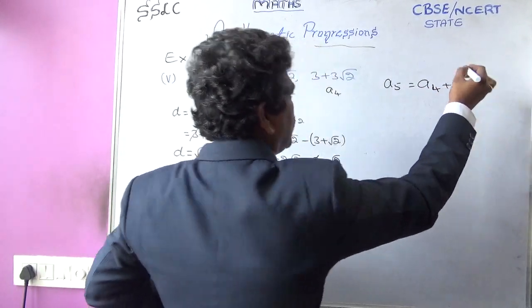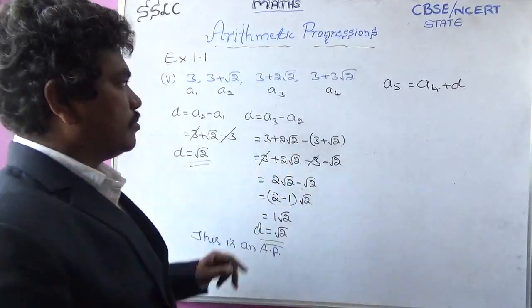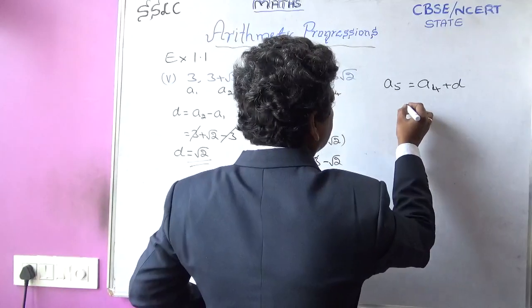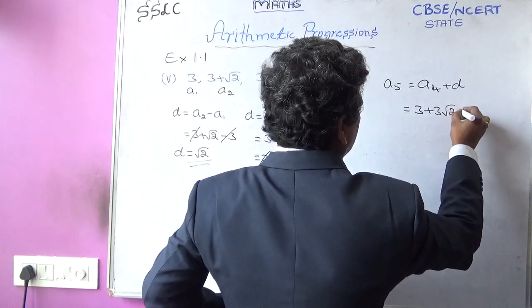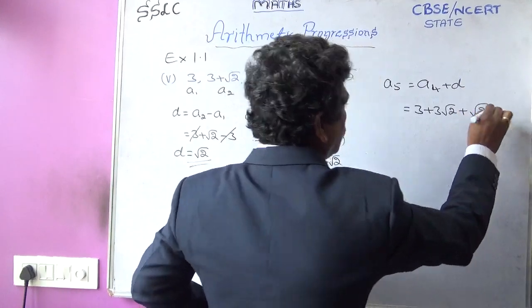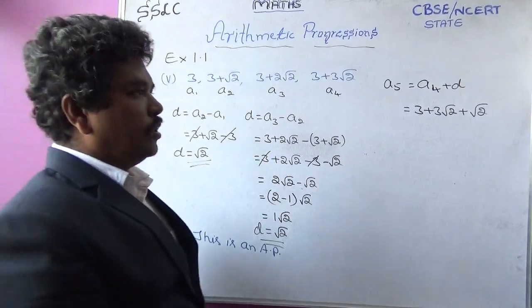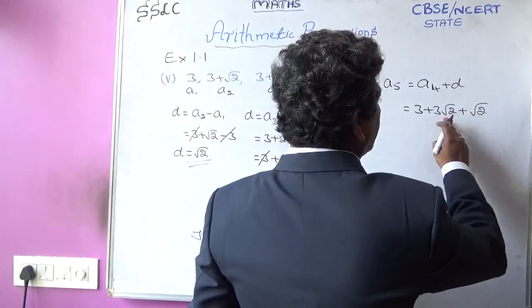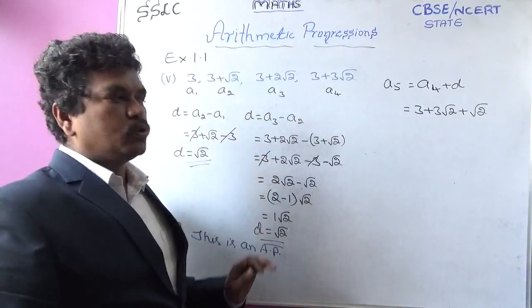A4 plus D. You have to add this D to the previous term. A4 is 3 plus 3 root 2, plus you have to add root 2 to this one. How can you add this root 2? You have to take root 2 as common.